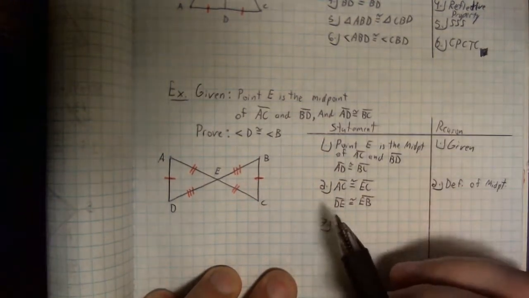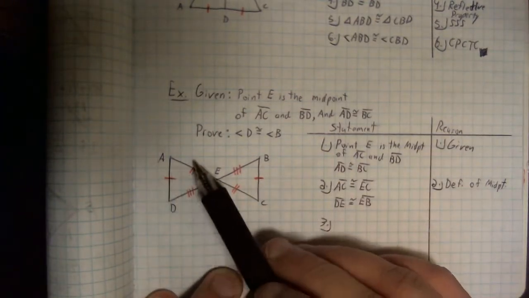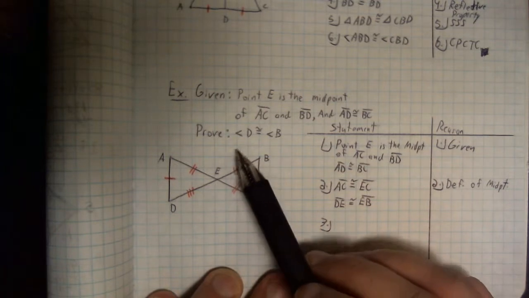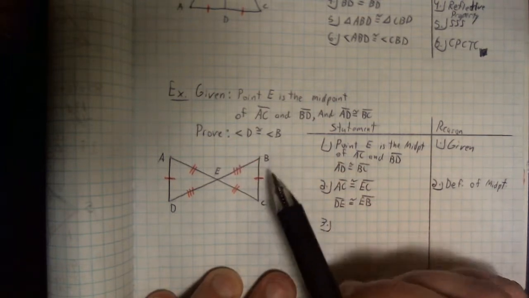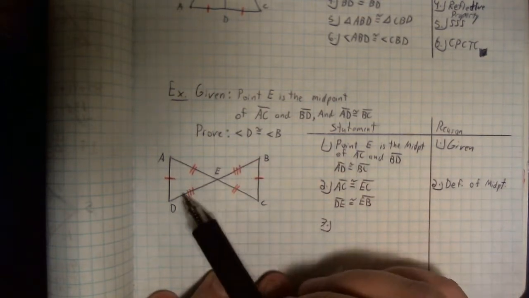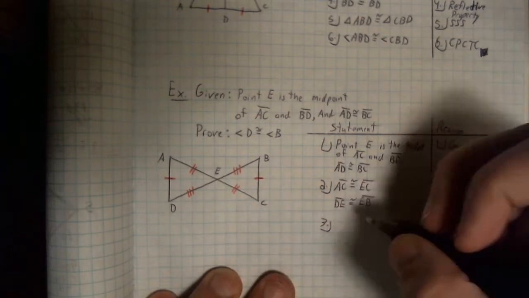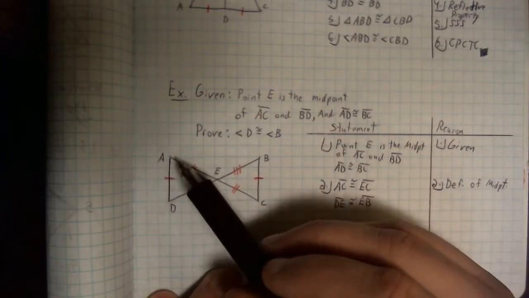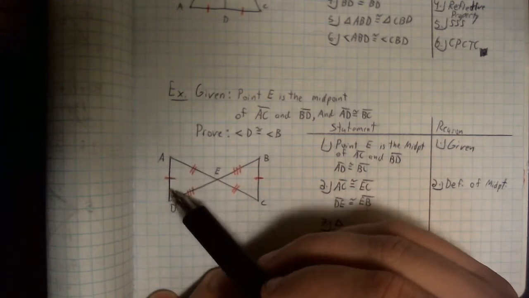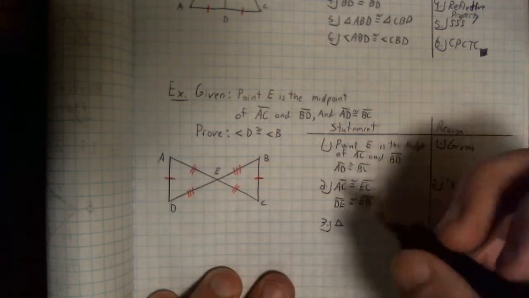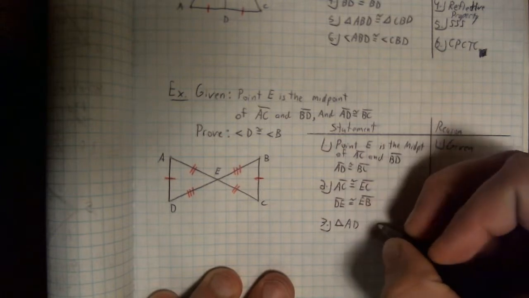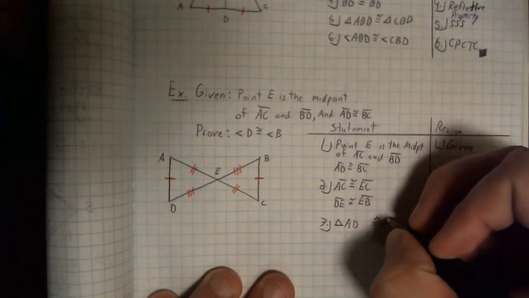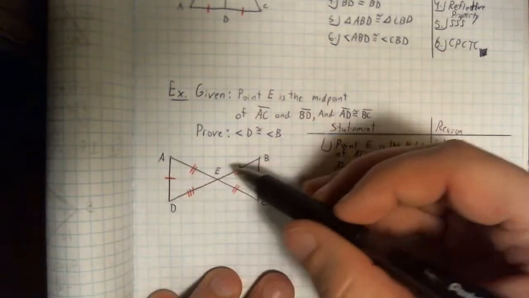Step number 3. We have congruent triangles, right? And we're trying to prove congruent angles, which are part of those triangles. So now that we have these triangles congruent, let's list it. I'm starting with angle A to D. So I went along this first congruent side.